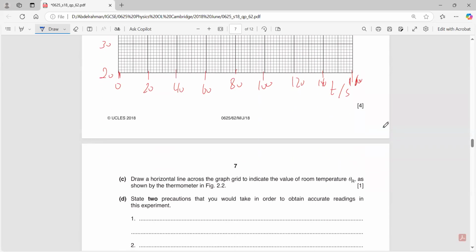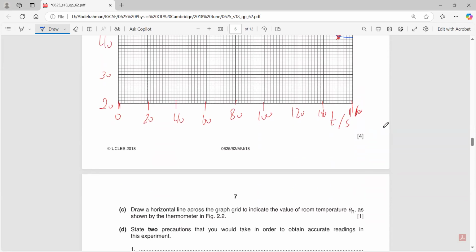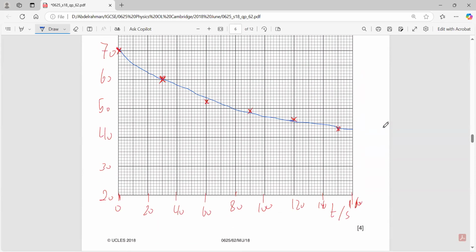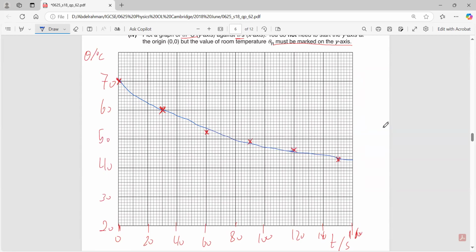In question C, he's asking to draw a horizontal line across the graph to indicate the value of the room temperature theta r as shown by the thermometer in figure 2.2. Theta r was 23.